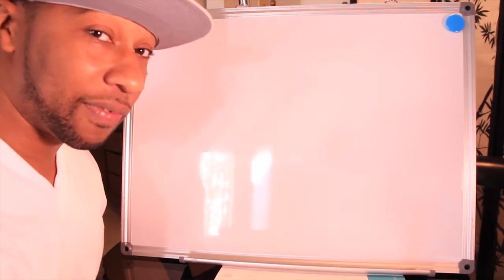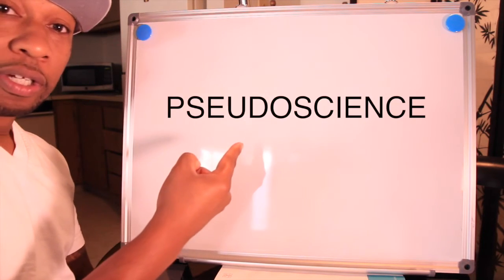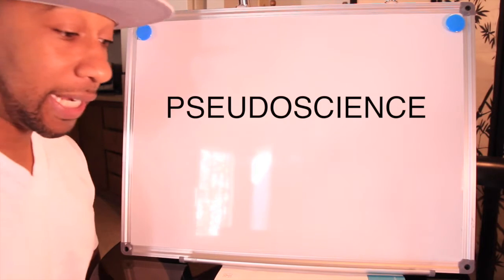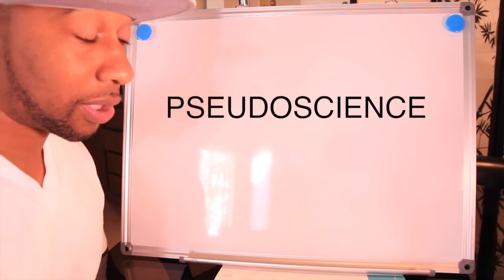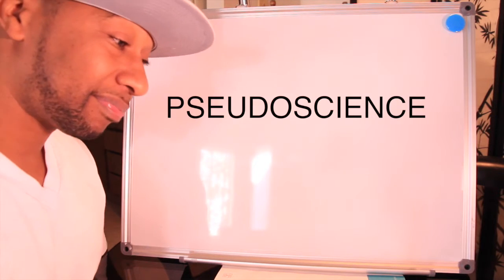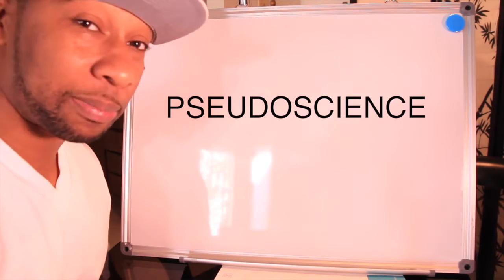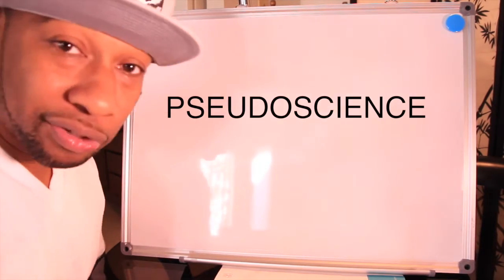Now, I would like to mention that a lot of times in the conscious community or even in other scientific circles, people always want to throw around this word, pseudoscience, when that word has been abused, and that word is probably one of the most misused words that I've heard in a very long time, especially of late with all the information that's coming out and people trying to figure things out.